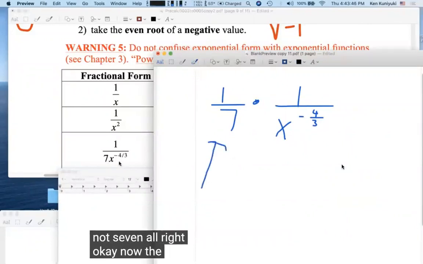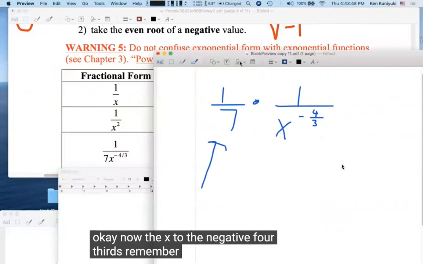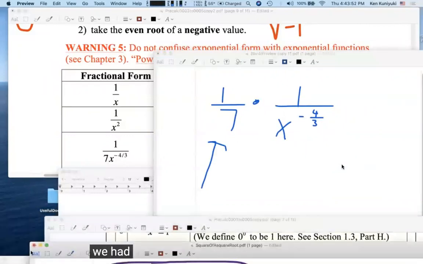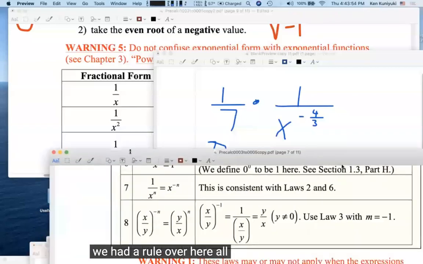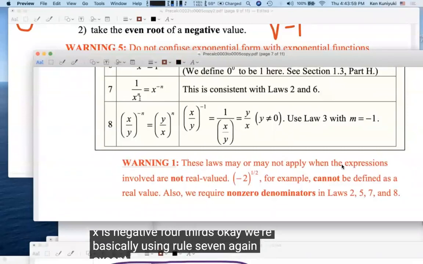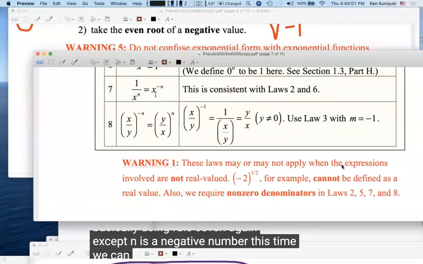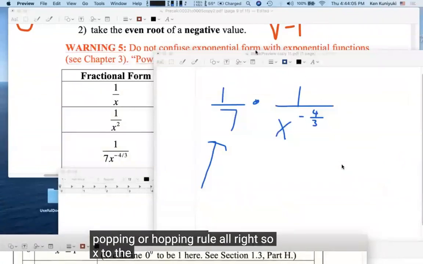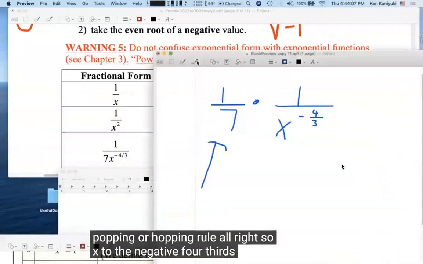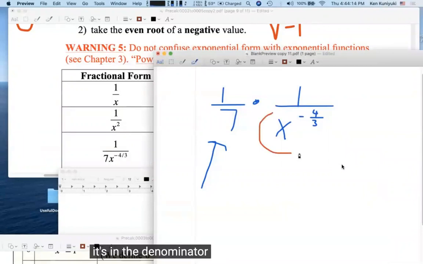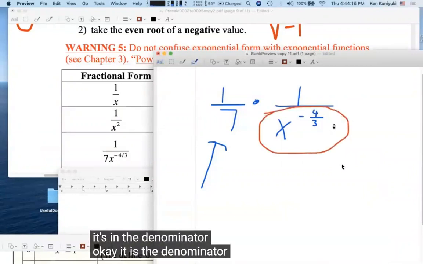Now, the x to the negative 4/3, remember, we had a rule over here. We're basically using rule 7 again, except n is a negative number this time. We can do this sort of popping or hopping rule. So x to the negative 4/3, it's in the denominator.